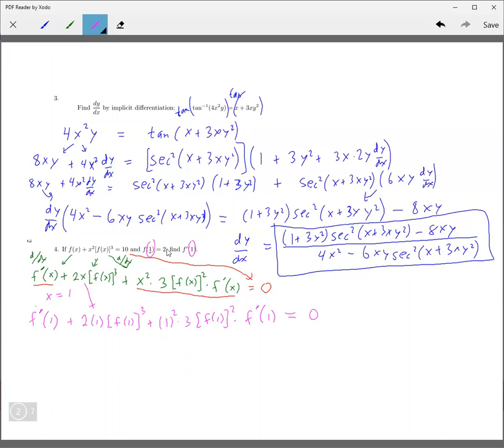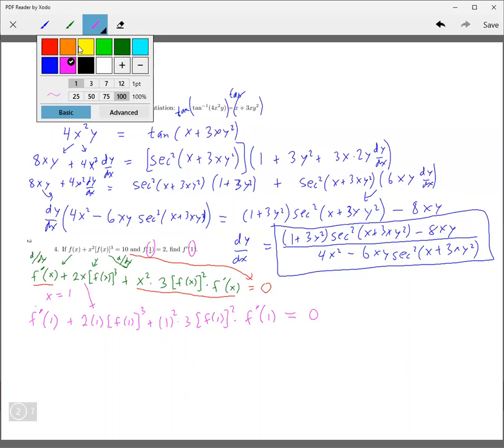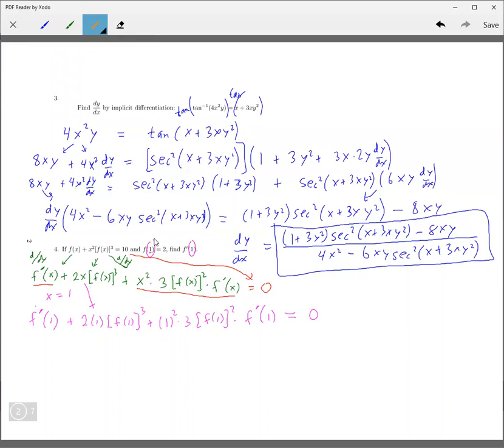Now they do say f of 1 is 2. So all these become 2's. Okay, f prime of 1.